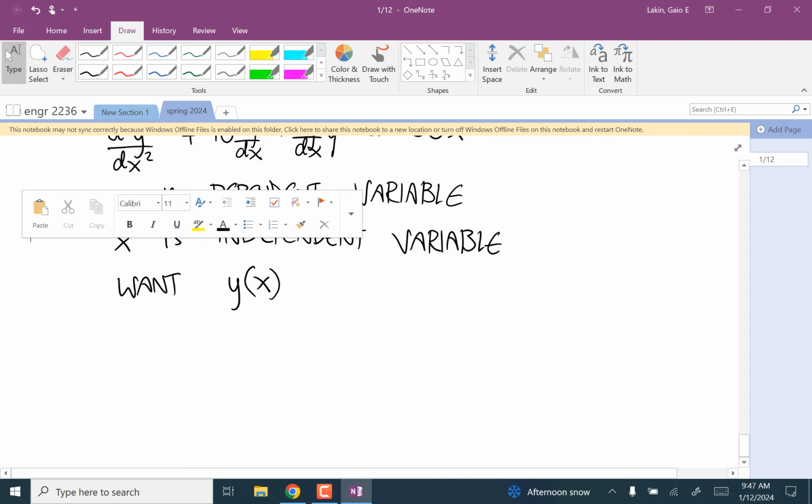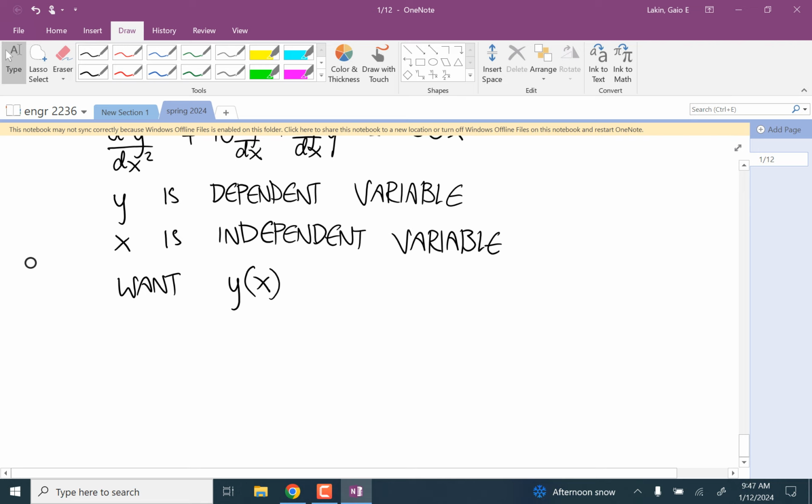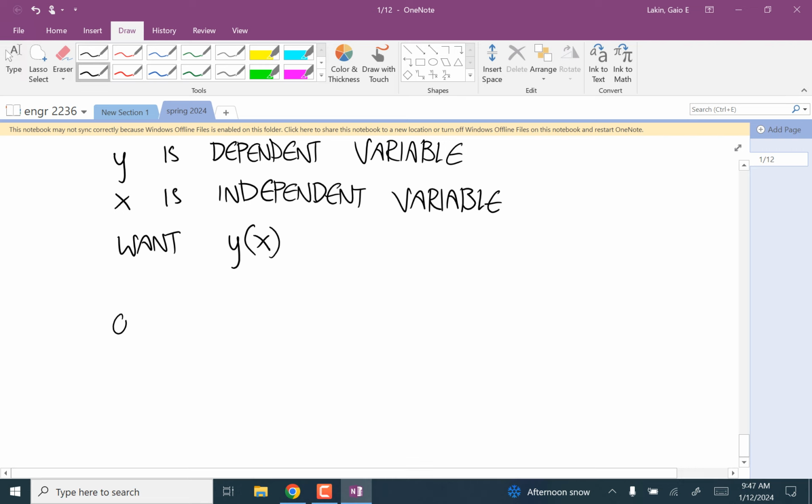An ordinary differential equation means there's only one independent variable.